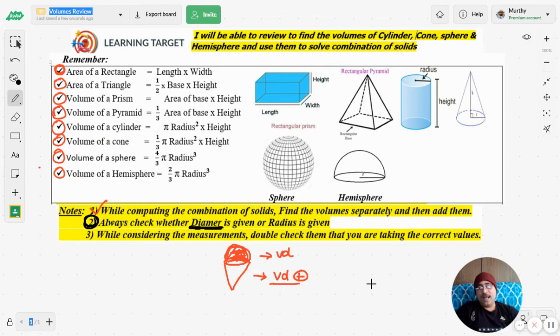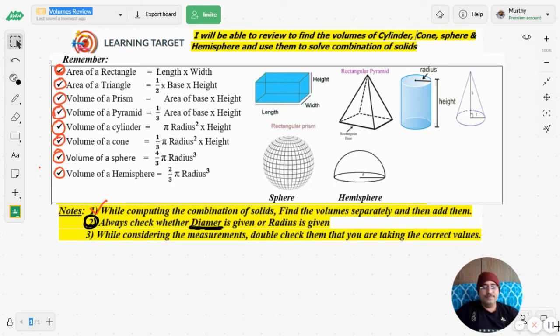And the last point: while considering the measurements, double check that you are taking the correct values. I'll give an example. I mentioned it in my previous session also.